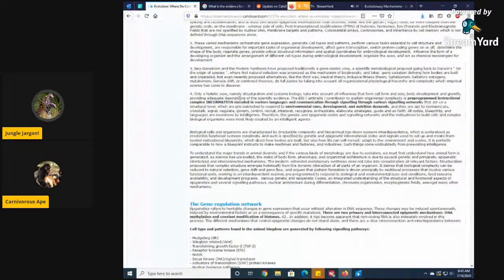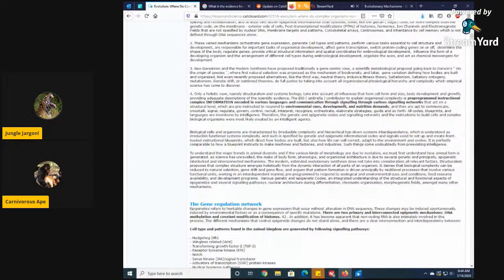Only a holistic view, namely instructionalism and systems biology, takes into account all influences that form cells and size and body development and growth, providing adequate description of scientific evidence.